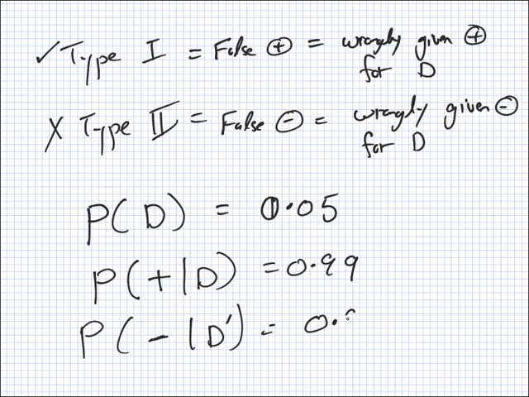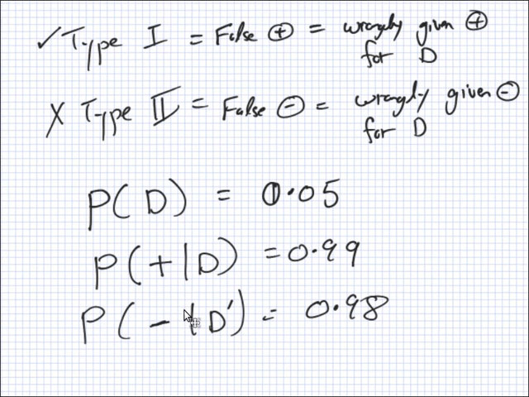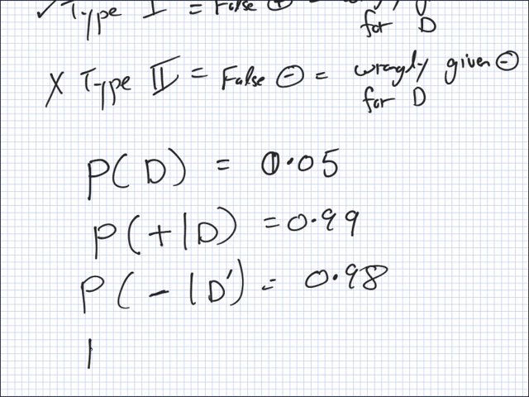We'll say that part of the test is 98% good. So 98% of the time, if you don't have the disease, you'll get a negative result. So my question is, what is the probability that you have the disease given that you got a positive result?